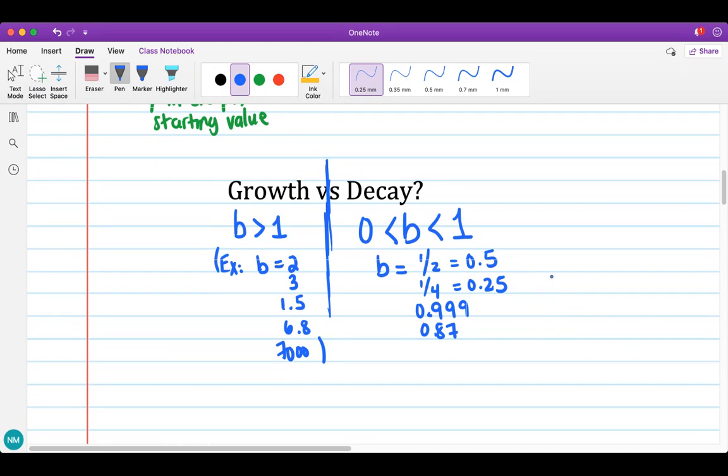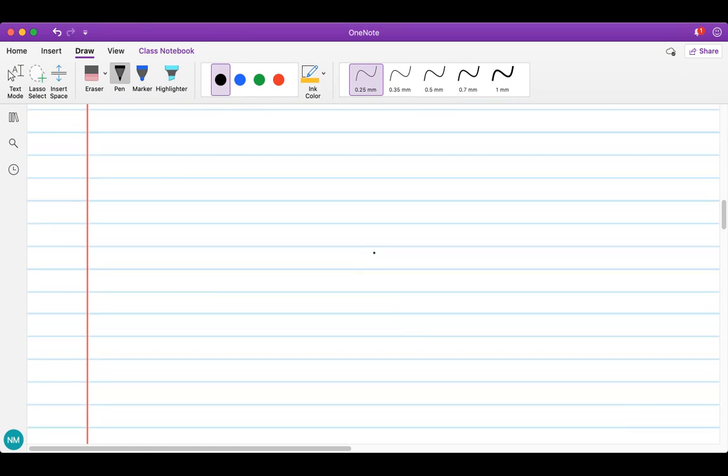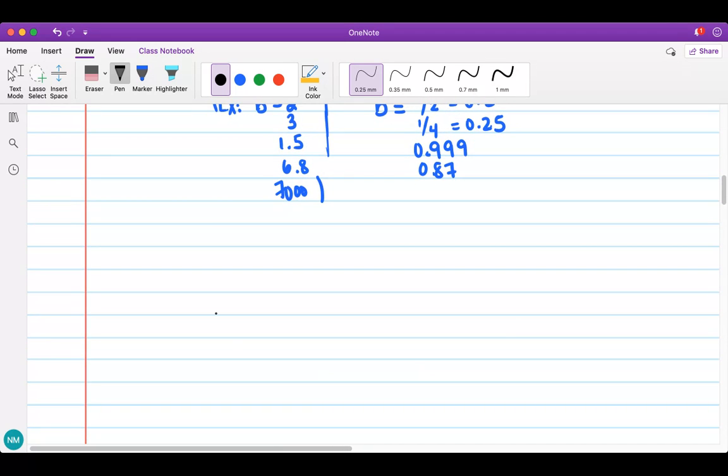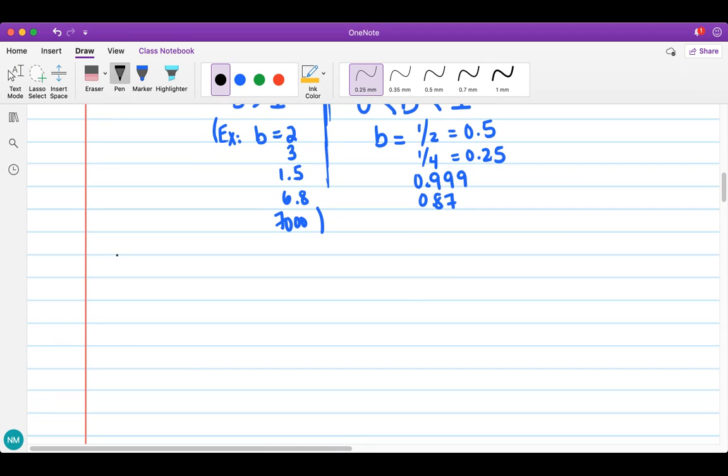So what that means is that when we have an exponential function, if I have something like y equals 2 to the x, and I make a table, 1, 2, 3, 4, right? 2 to the first is 2. 2 to the second is 4. 2 to the third is 8. 2 to the fourth is 16.